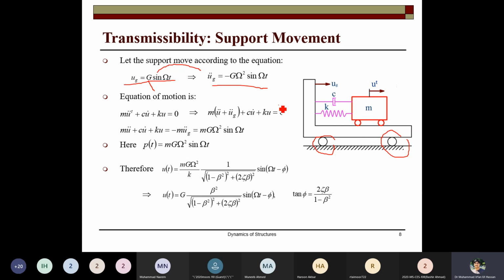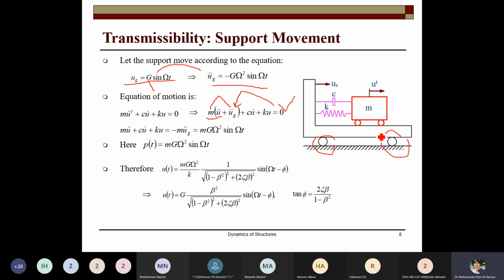Now the point is that there is no force. Force is zero, but due to the ground movement, the force will automatically be added. Which force? M into acceleration, because already M into U is the force in the system, and M into UG is the force produced by the ground motion.